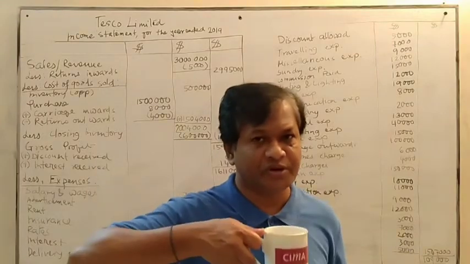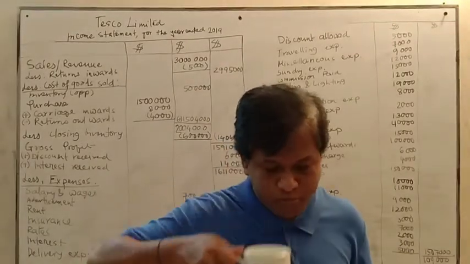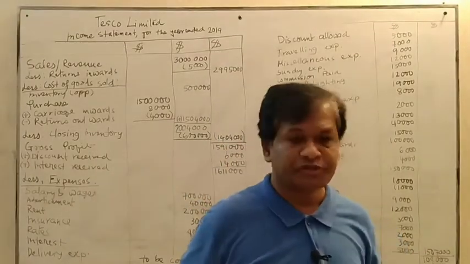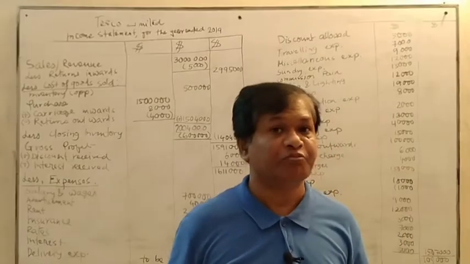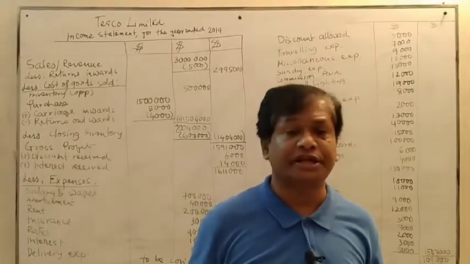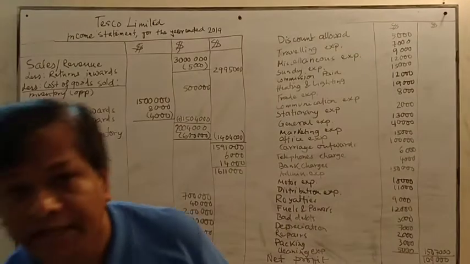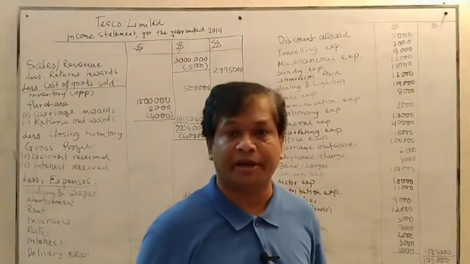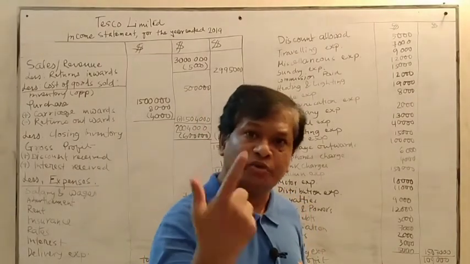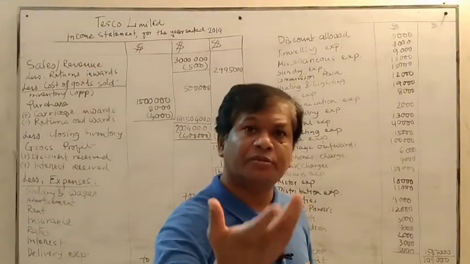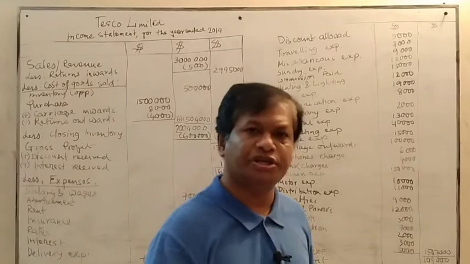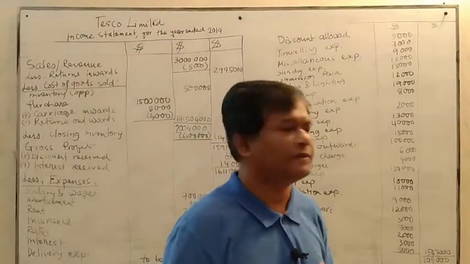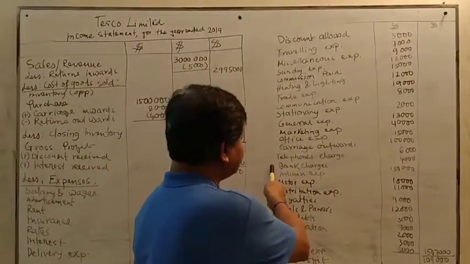If it is kept in the business, then it is very risky. That's why whatever money is generated every day in the business should be deposited to the bank immediately. So the bank is providing you some service. That is the bank service charges. So it is to be given. It is one of the expenses for the business. So it is the bank charges.